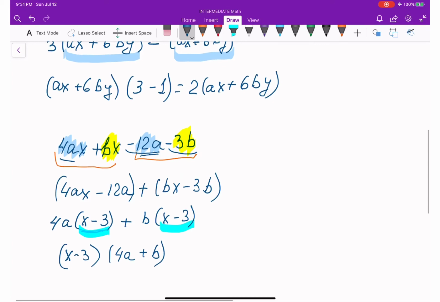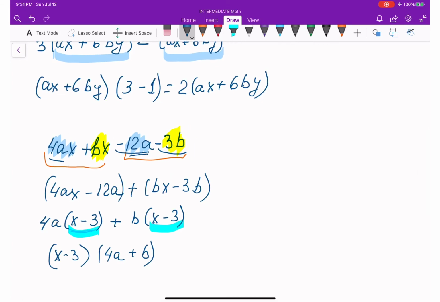Y squared minus 5y minus 6y and plus 30. Okay, let's combine. So y squared minus 5y, combining.